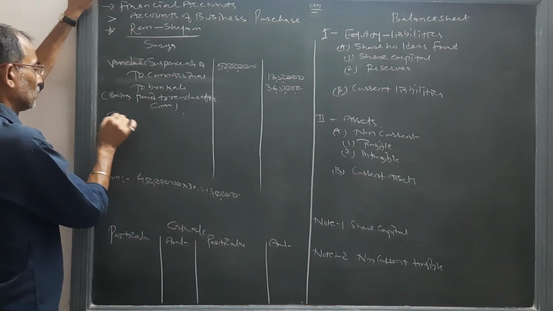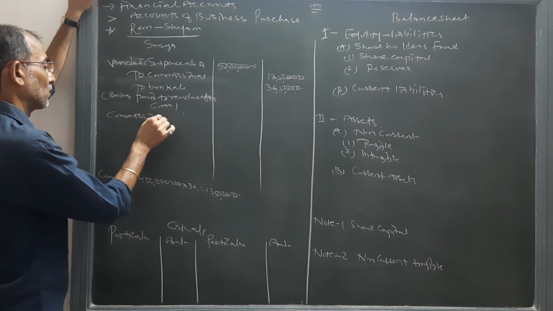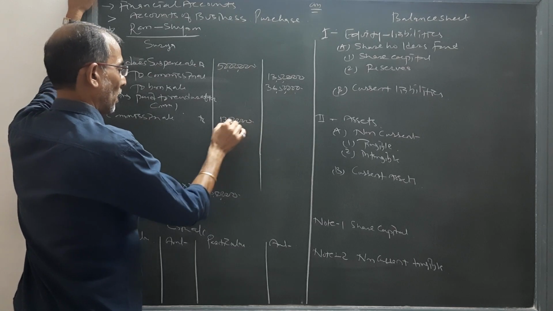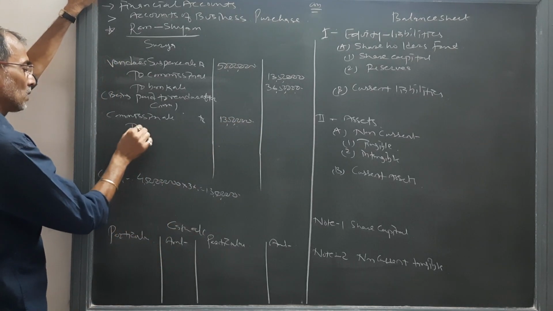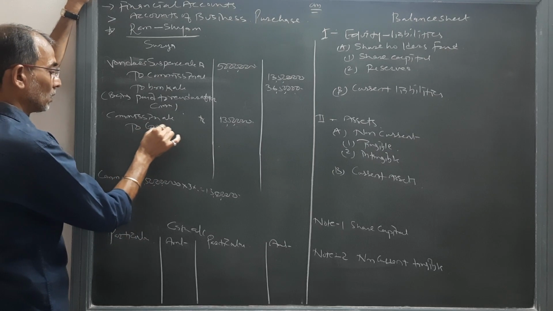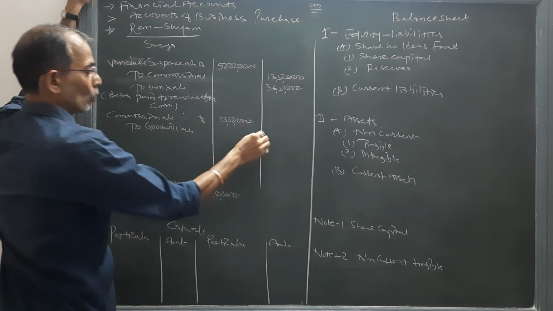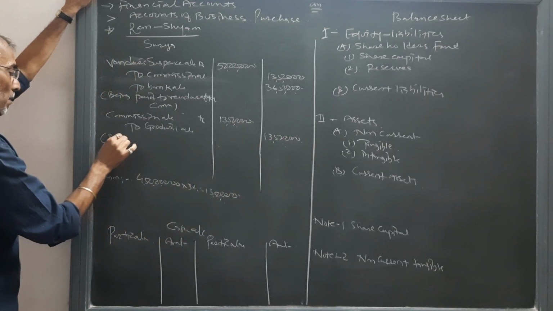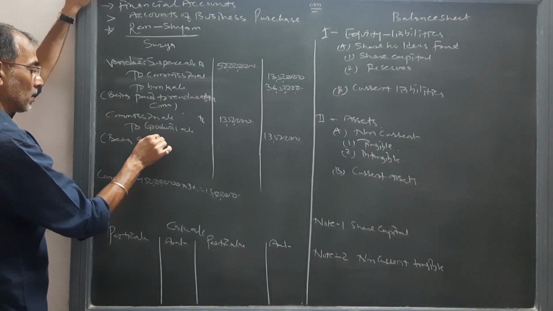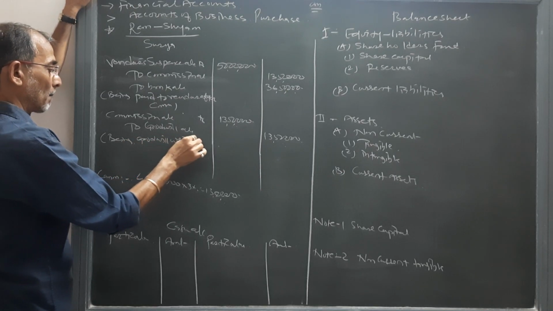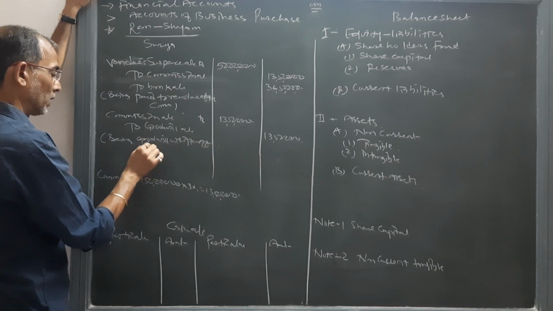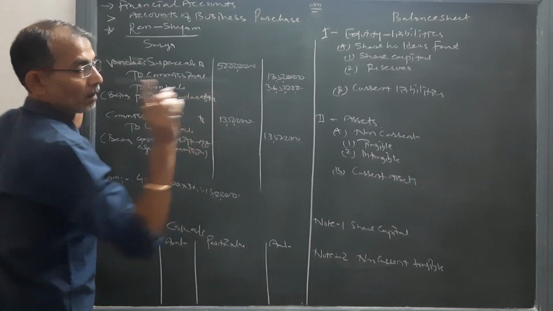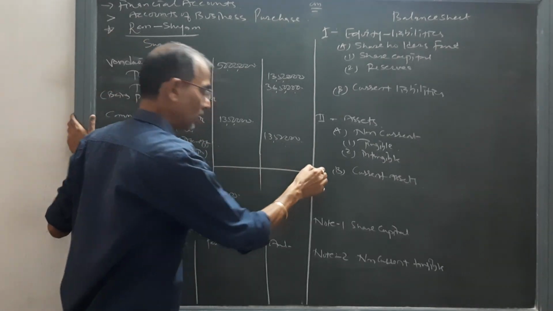So commission account debit 13 lakh 50,000 to goodwill account, paying goodwill written off against commission. Now here completes the journal.